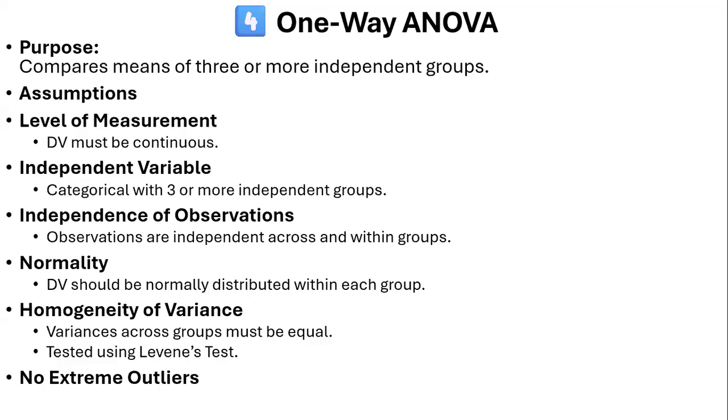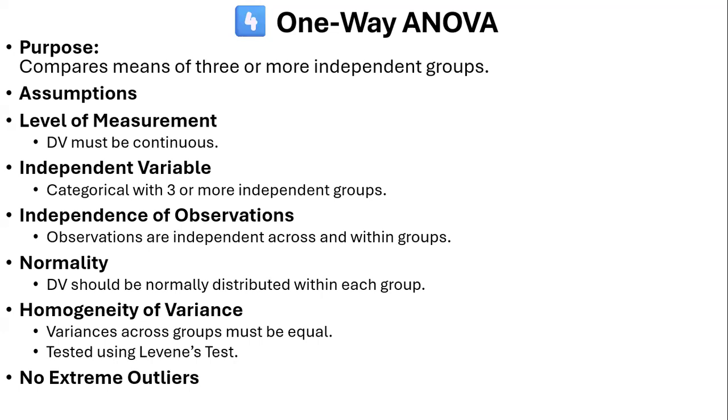So in circumstances where you have three or more groups that are independent of each other, then one-way analysis of variance comes in, because it provides an avenue for you to simultaneously compare the three or more groups with each other.